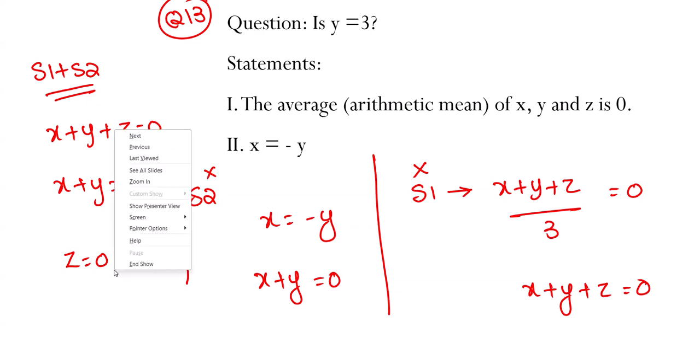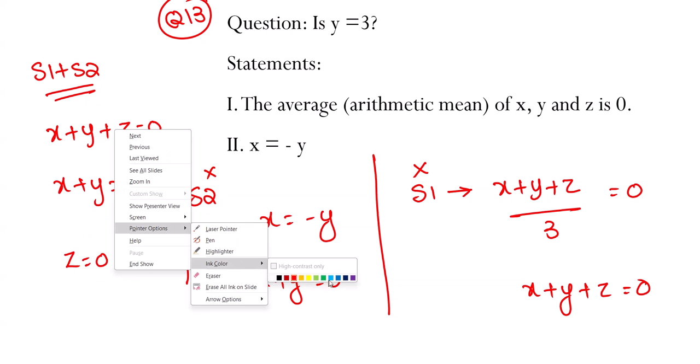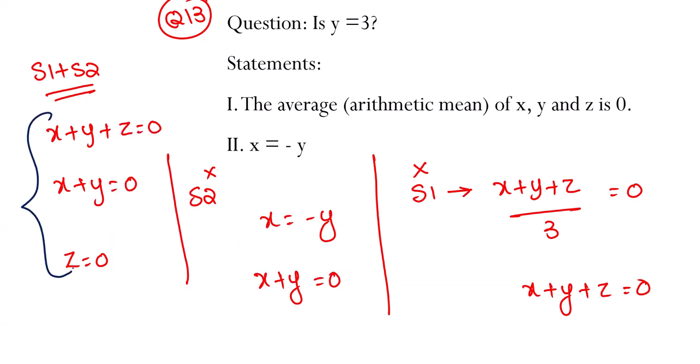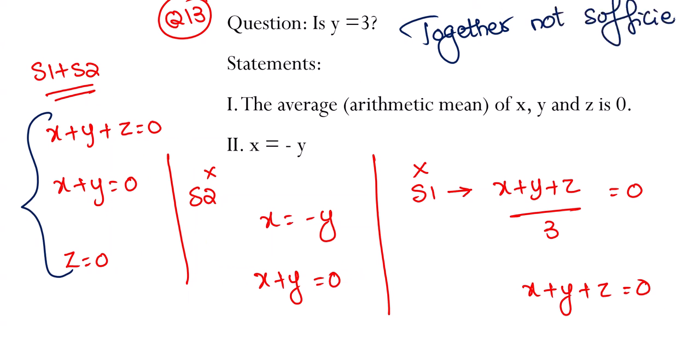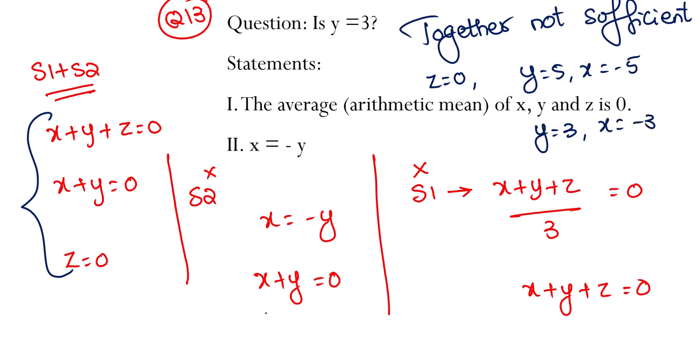Together not sufficient is the answer. I can say z value 0, both statements together not sufficient. Z is 0, but y can be 5, x is minus 5; y can be 3, x is minus 3. x plus y should be 0. So y can be any value, x will be its negative, then it will become 0.